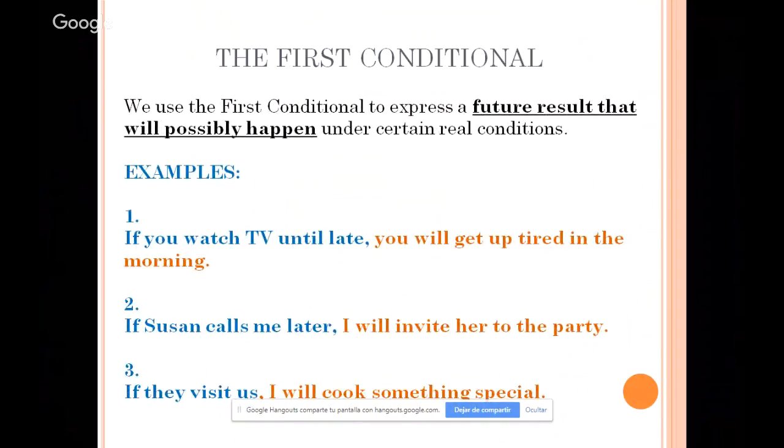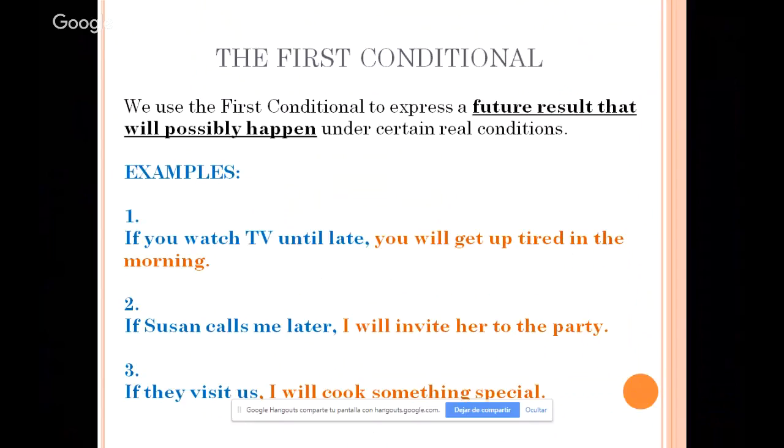So this is the first conditional. We use the first conditional to express a future result that will possibly happen under certain real conditions. So the conditional is to talk about or to express real conditions. The results for these conditions might be possible. For example, number one, if you watch TV until late, that is the condition.